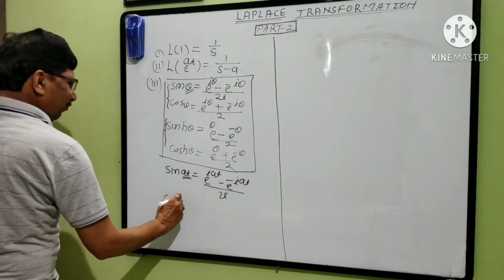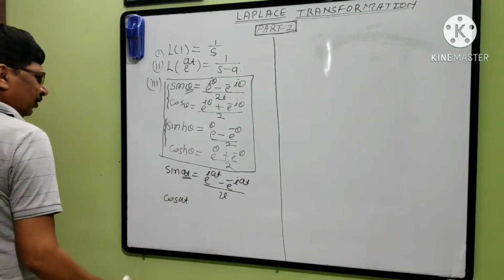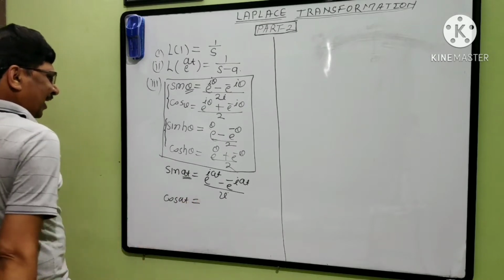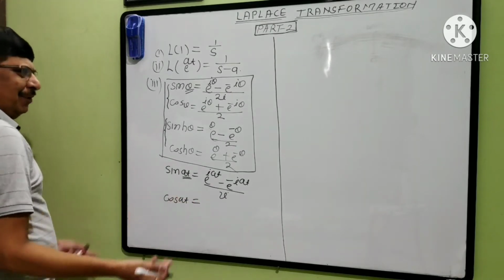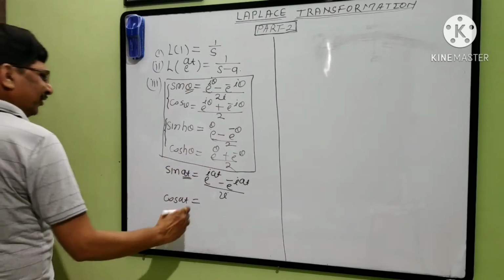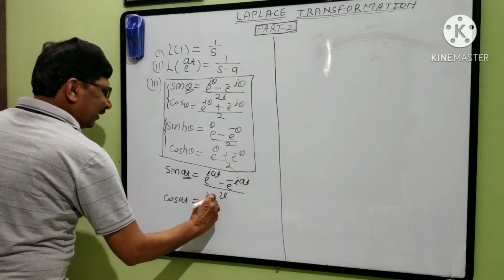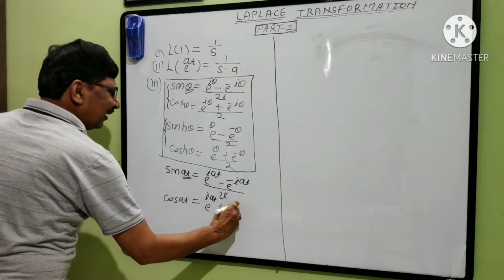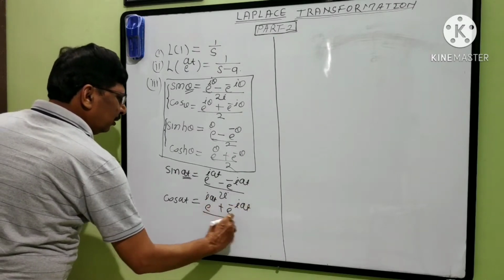Then cos at. Formulas are same, only instead of theta I am writing at. Here a means a real number, and at is a function of t. Cos at is e raised to i at plus e raised to minus i at upon 2.